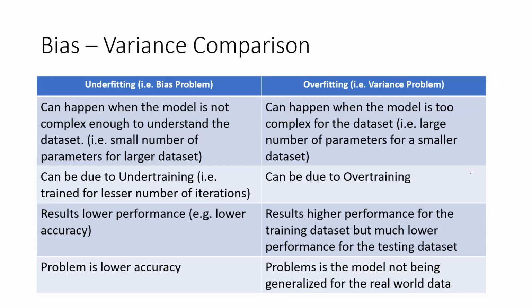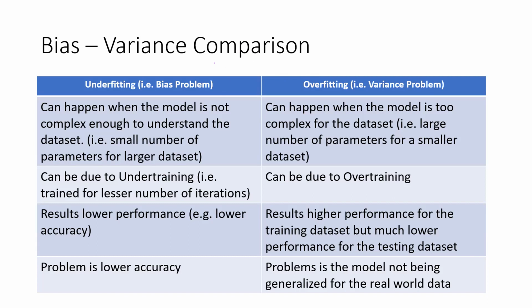So let's compare again how the underfitting case, known as the bias problem, and the overfitting case, known as the variance problem, are different from each other. I am trying to explain the difference and how they exist in different ways. Don't get confused.